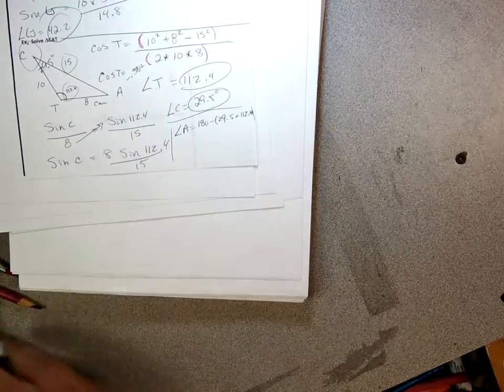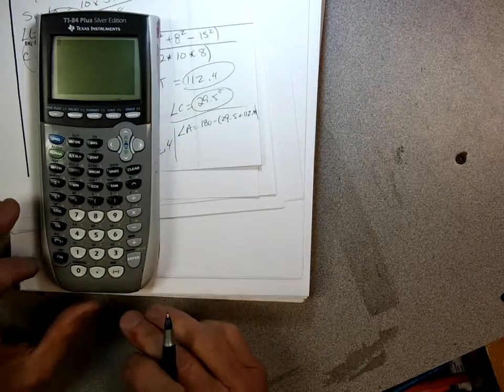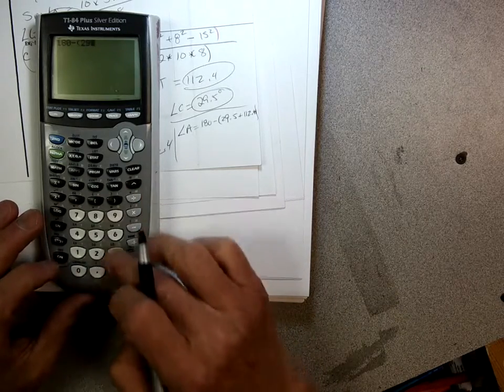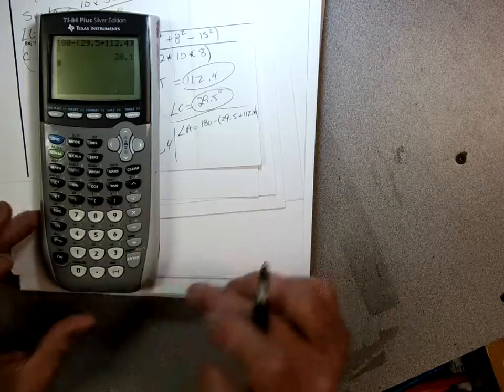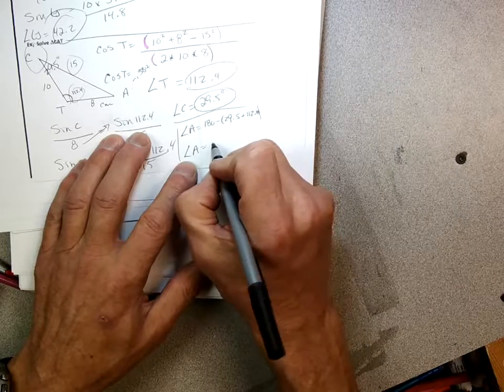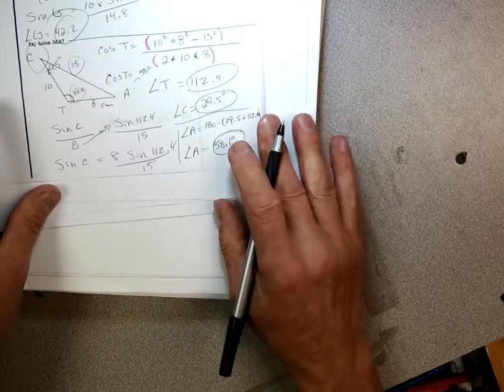Let's see what I get. There you go. Parentheses, 29.5 plus 112.4. I get about 38.1. So angle A is about 38.1 degrees. Okay, not bad.